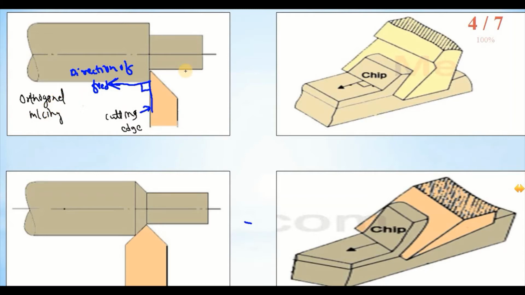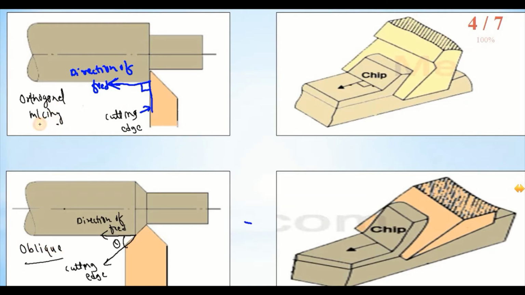And if the direction of feed is at some angle theta to the cutting edge, so this is our direction of feed and this is our cutting edge at some angle, then it is called oblique machining.